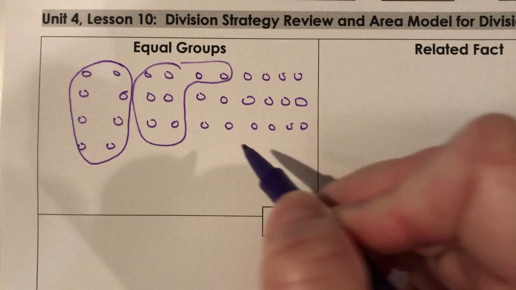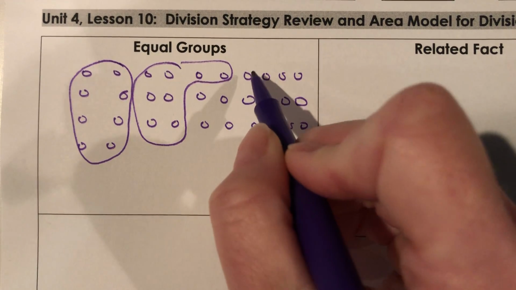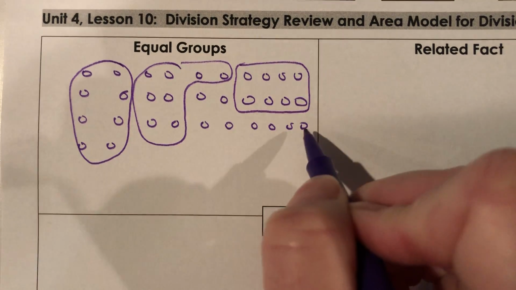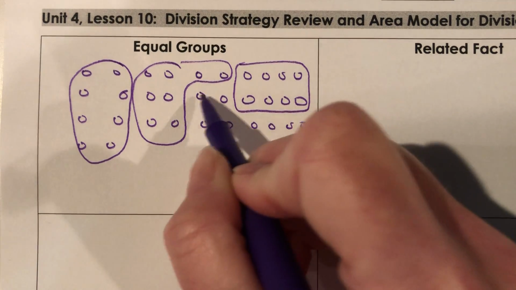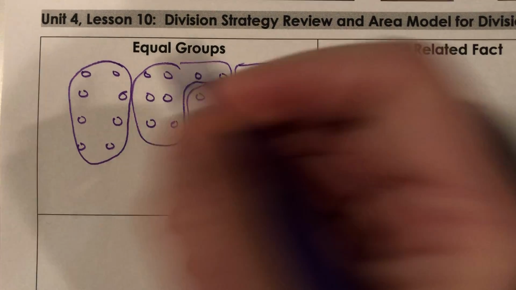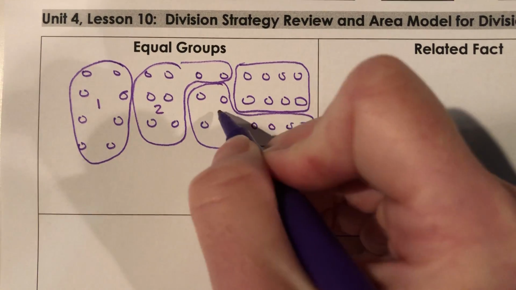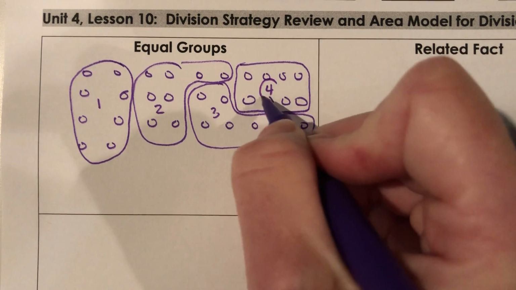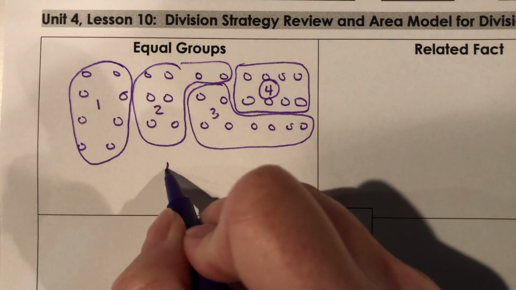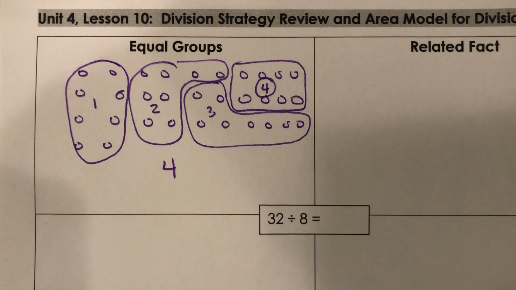Okay, and then I see 1, 2, 3, 4, 5, 6, 7, 8, there's another 8, and 1, 2, 3, 4, 5, 6, 7, 8 here. So where's our answer? Well, I see 1, 2, 3, 4 groups of 8 within the 32. So 4 would be our answer.